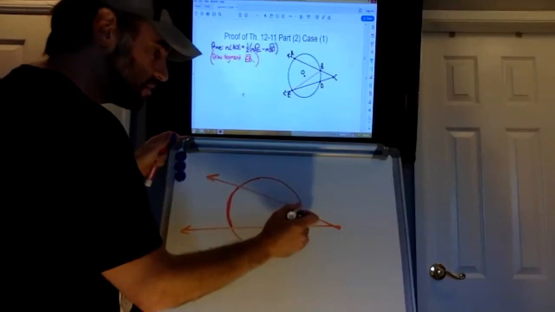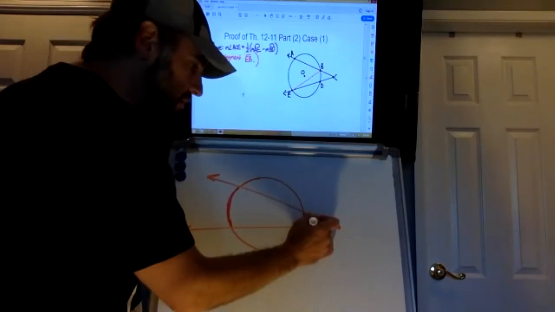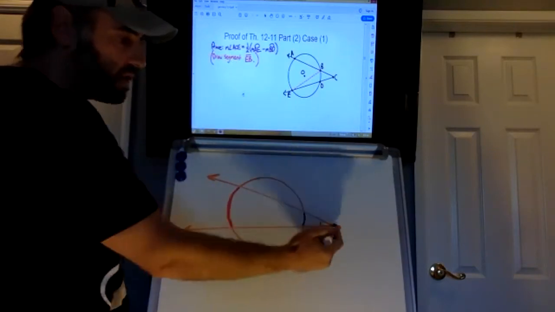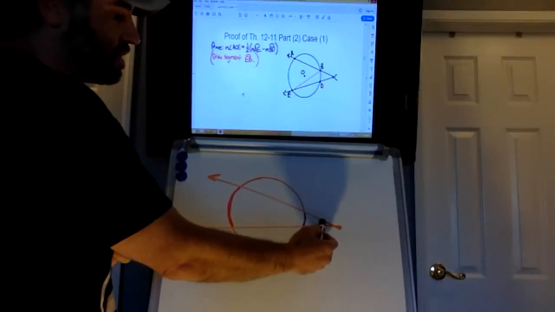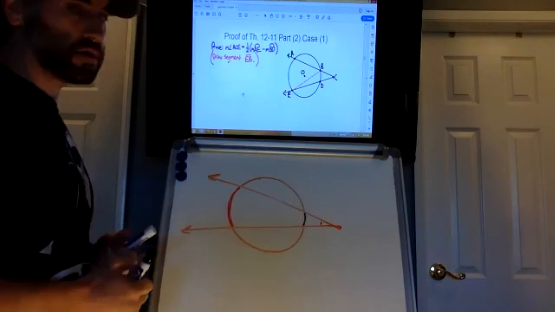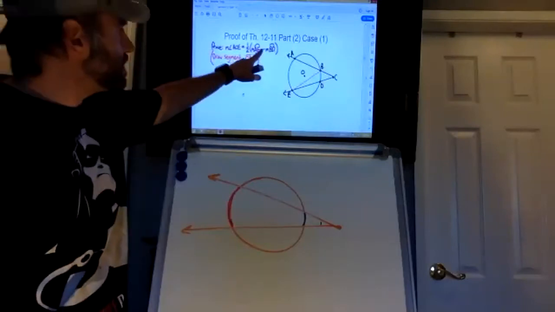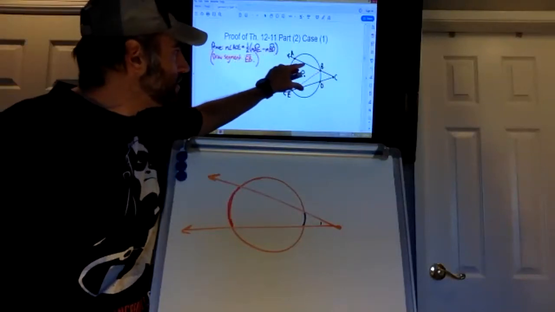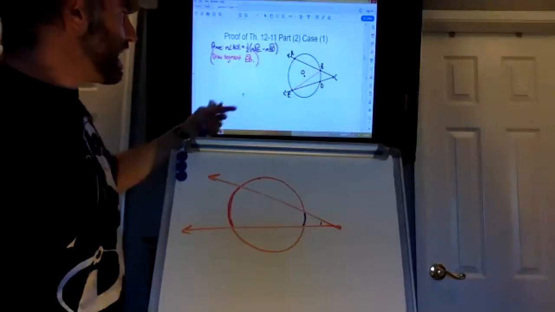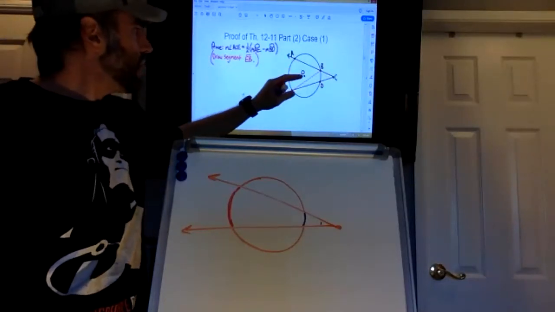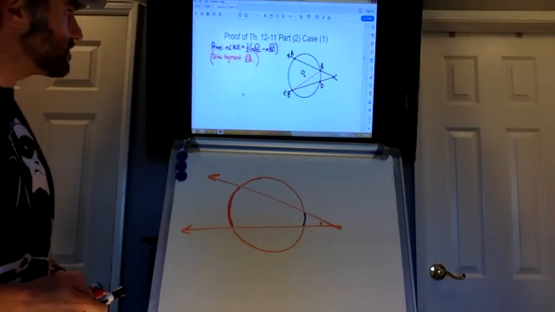When this point was inside the circle, we knew that this angle was the average of the red and the blue arcs, half the sum. But now, when these two lines meet outside the circle, that angle is going to be half the difference of the two arcs. And we're going to have to show that.